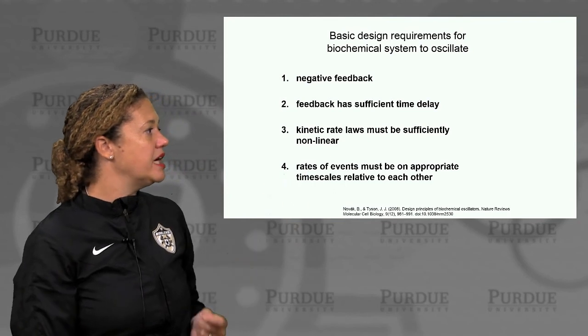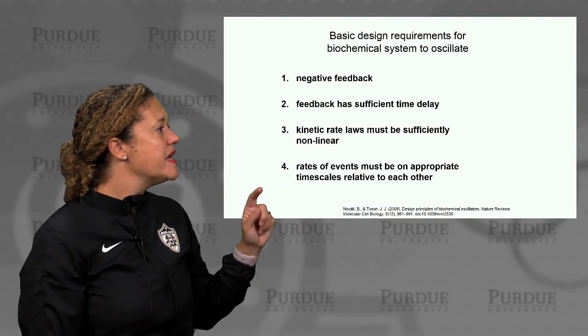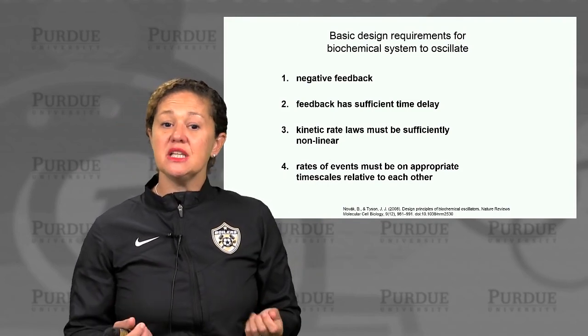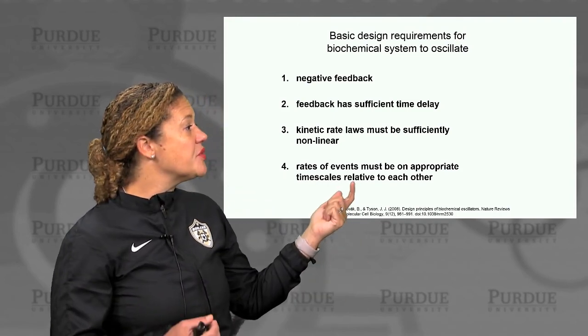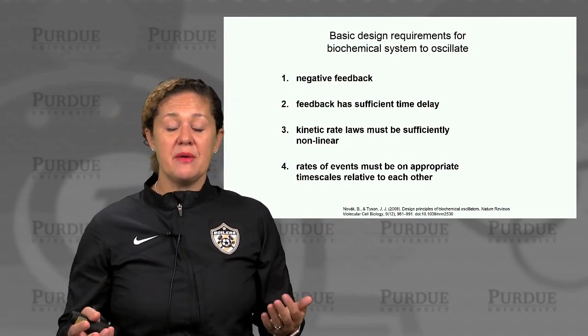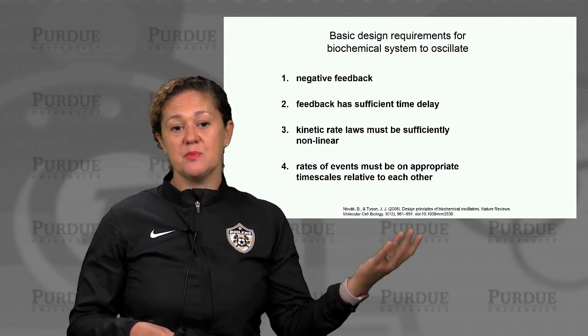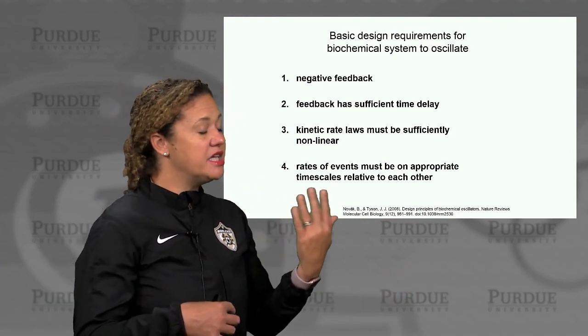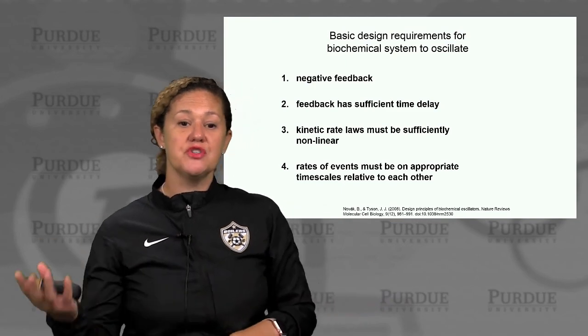Two other important characteristics of biochemical oscillators: the kinetic rate laws in that system must be sufficiently nonlinear, and the rates of events, which you can imagine in our biochemical system, could be gene expression versus protein degradation, or the expression of one gene versus another.